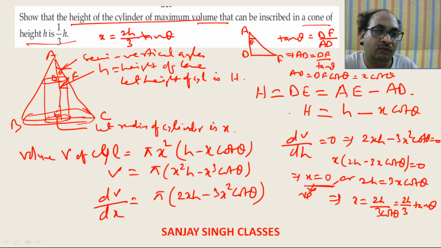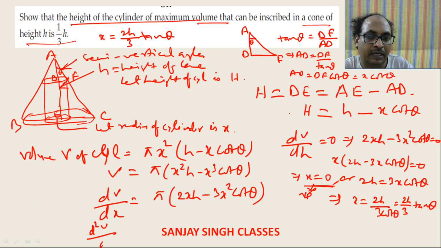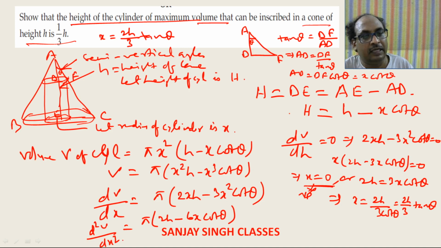We have got the radius of the cylinder. Now we need to find d square V by dx square. So it will be giving pi into (2h minus 6x cot theta). So at x equal to 2h by 3 tan theta, what will be the value of d square V by dx square?